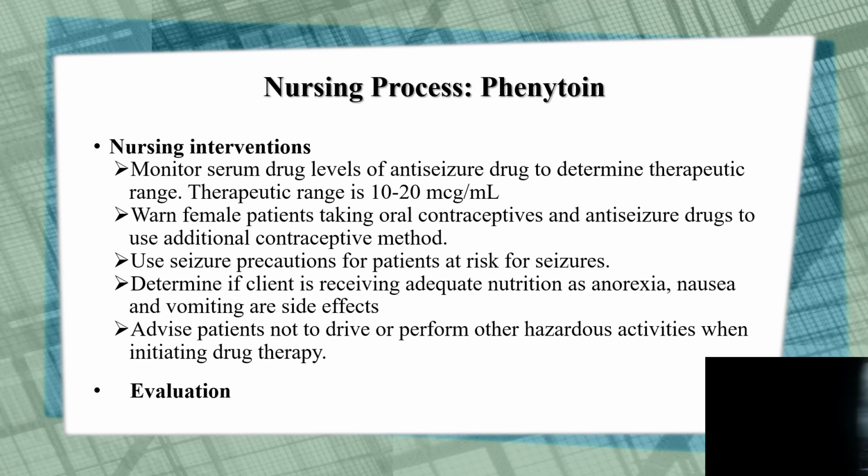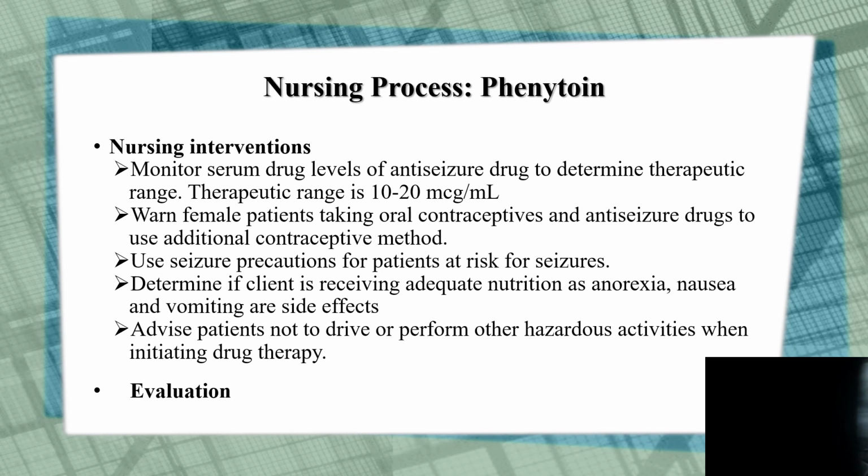Nursing interventions. You're going to monitor the serum level because you want to know the therapeutic range. Monitor the serum drug level of the anti-seizure drug to determine the therapeutic range. And again, the therapeutic range is 10 to 20 mcg per mL.